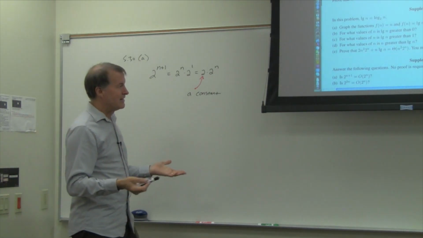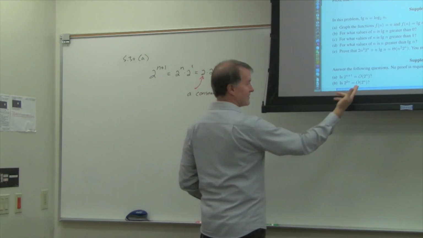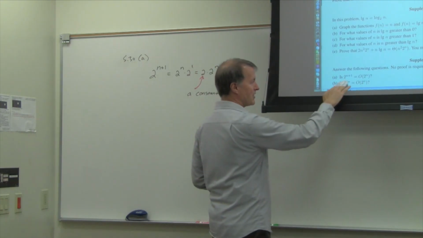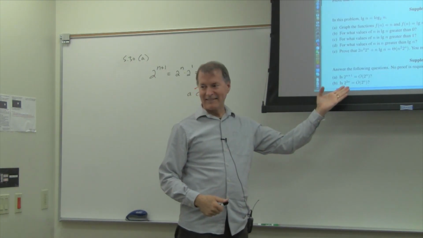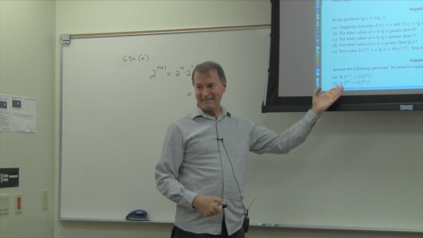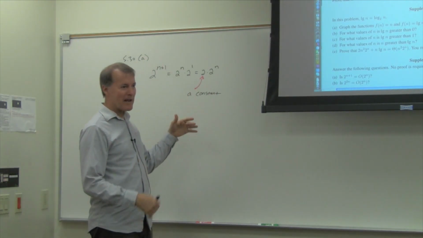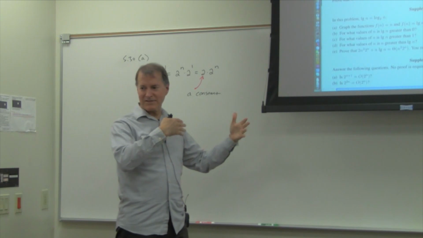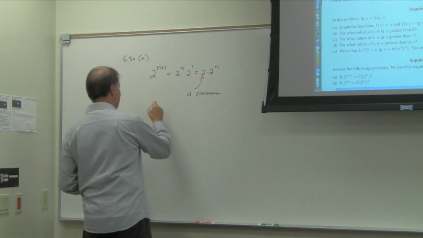So what do you think? And here's this 2 to the n. Is 2 to the n big O? Yes. Is it big omega? Yeah, because constants don't matter. Multiplicative constants, yeah. So the answer to A is yes.